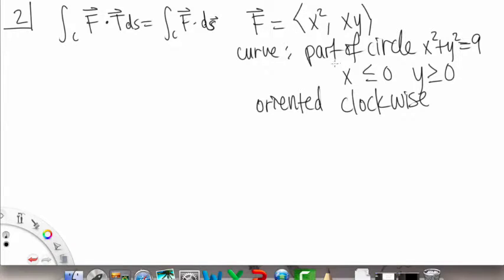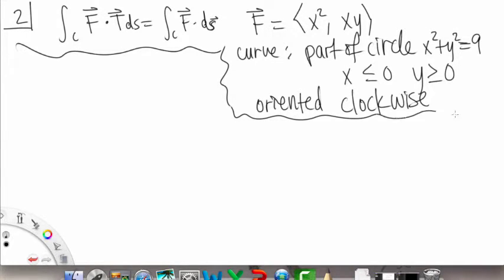Okay, so this is all of our given, and let's try to make sense of it. So first of all, let's look at our curve, okay? So it says it's part of the circle, x squared plus y squared equals 9. So that's the equation for a circle when your radius equals 3, okay? And also it says that x has to be less than 0 and y is greater than 0. So that implies that we are in quadrant 2, okay?